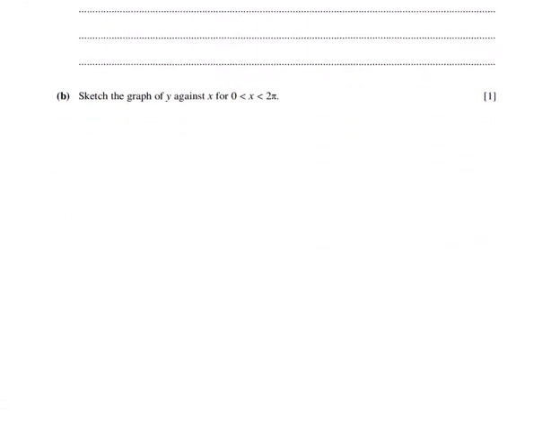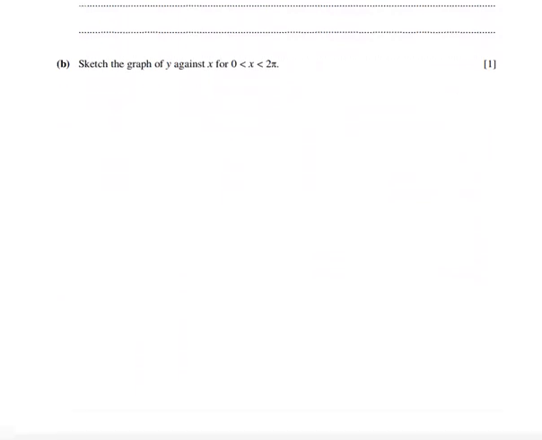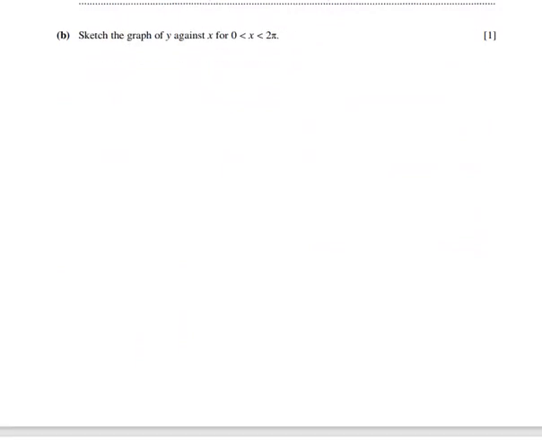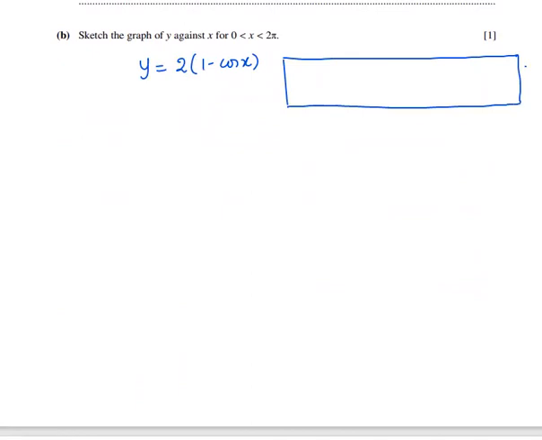All right, now they have asked to sketch the graph of y against x for x belonging from 0 to 2 pi. So we got that y is equal to 2 into 1 minus cos x is the relation between x and y. So we'll draw a table over here, and I can split this interval from 0 to 2 pi in terms of quadrants.